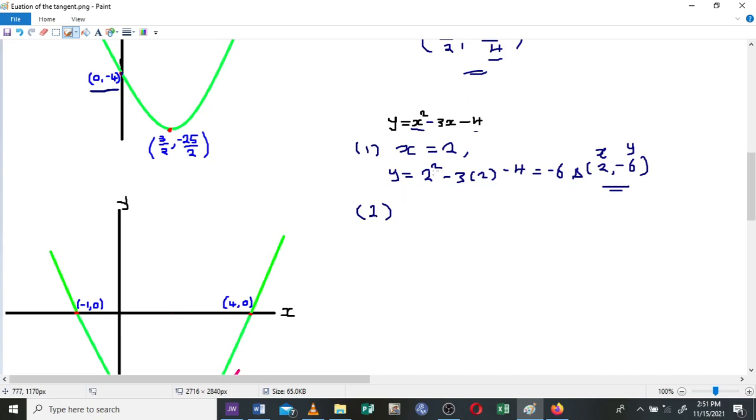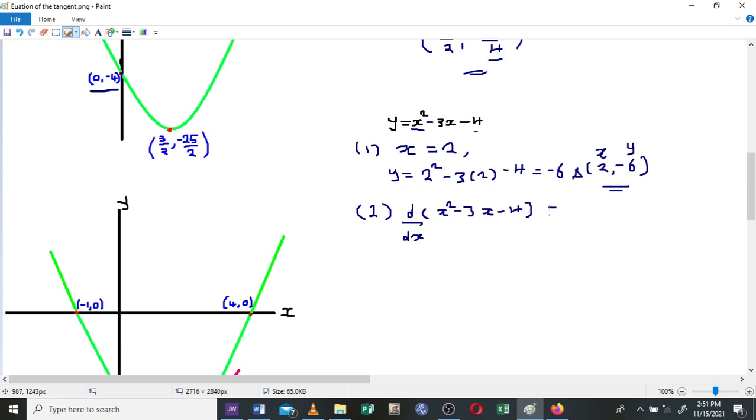You need to find the first derivative of the equation that you have. So we want to find dy over dx. Now our y is nothing but the expression x squared minus 3x minus 4.